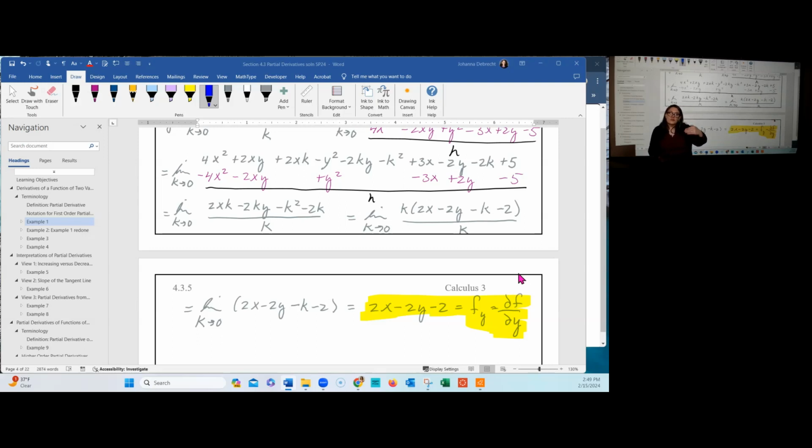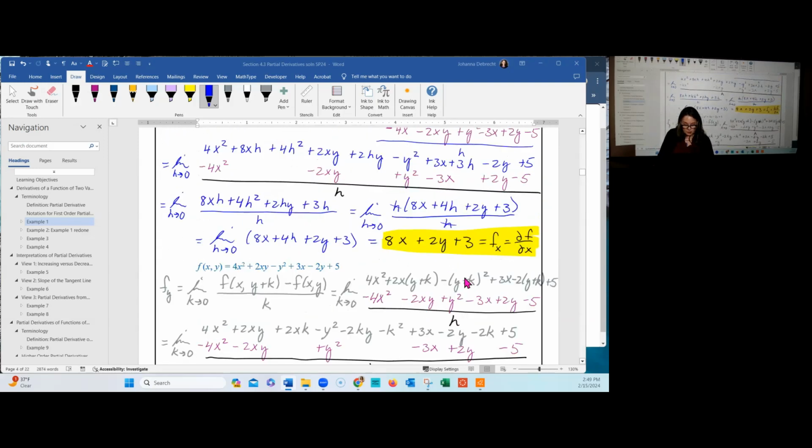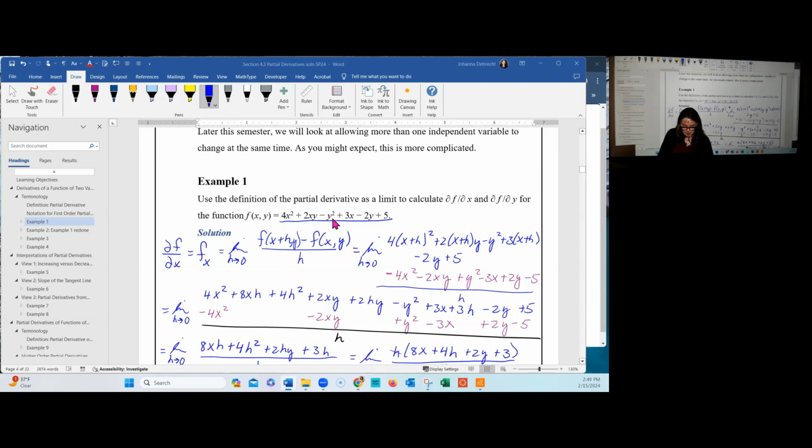Now, to get the ordered triple where that tangent line touches the surface, I need to substitute 1, 1 into the representation of the function, which you see back up here. If I substitute it into the function, I would have 4 plus 2, which is 6, minus 1 squared, which would be -1, so 5, plus 3 is 8, minus 2 back to 6, plus 5 is 11.